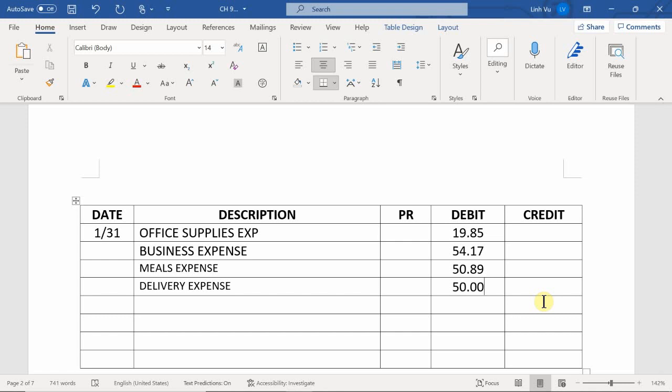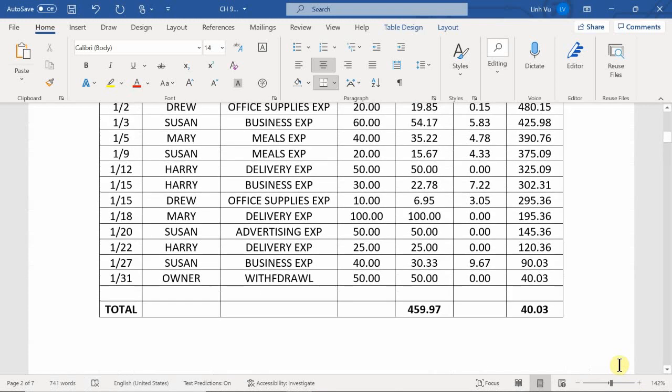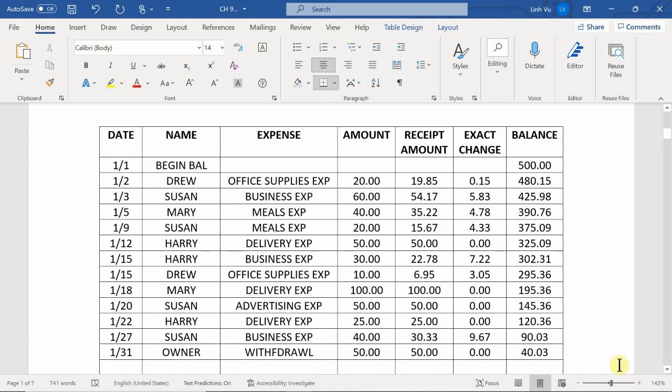So how much is that? 76.95. Okay. See what else happened here. I think I'm on the wrong spreadsheet, but let's continue. So we got business expense.